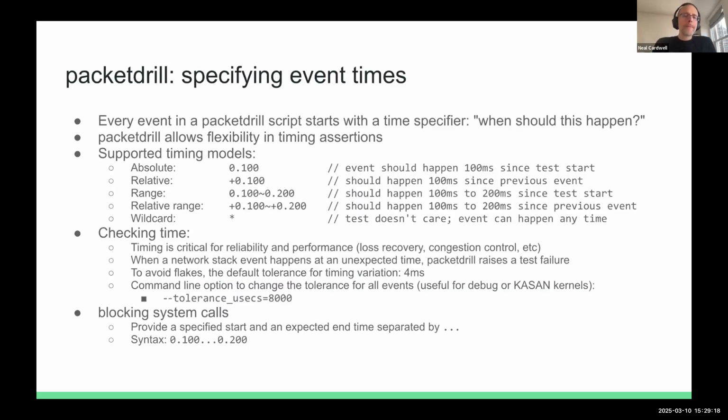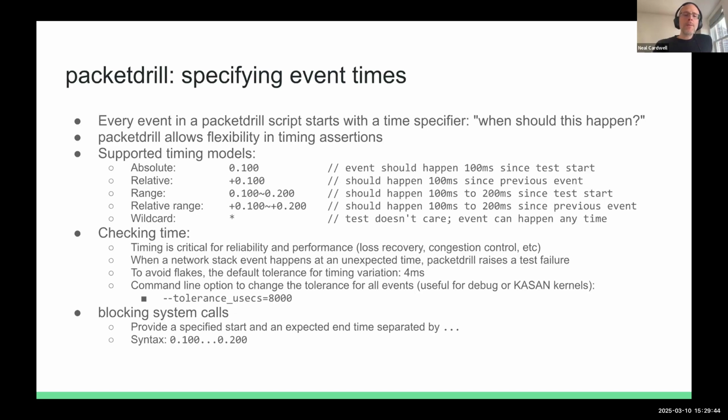So a key part of Packetdrill is that it's a script of what happens over time. And that means that every event in a Packetdrill script starts with a time specifier that basically tells Packetdrill when this event should happen. And there's a fair amount of flexibility in the way that you can specify the timing of these events. There are a couple different models here.